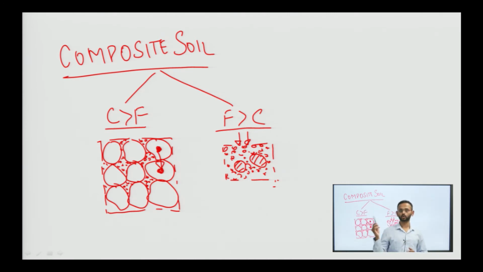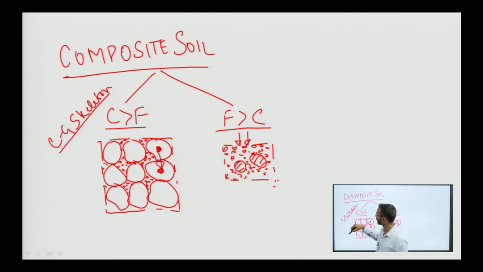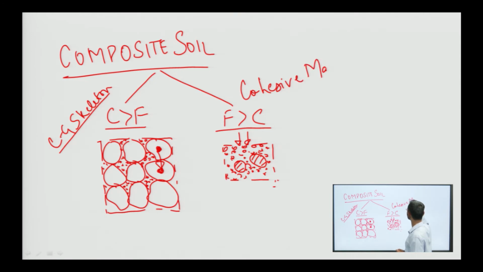So these are the two structures of the composite soil. The first one is named coarse grained skeleton, because the coarse grain provides a skeleton type of structure, and the second one is named cohesive matrix structure. With this topic we end the soil structure portion.